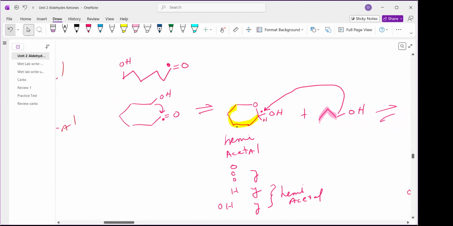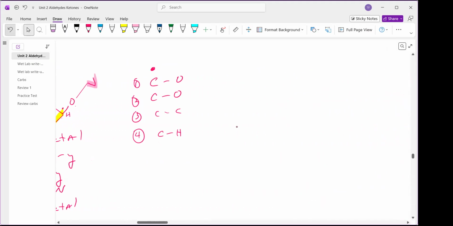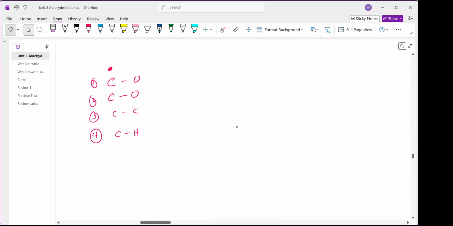Okay. I'm going to do the same thing now with glucose. Okay, so this is glucose.